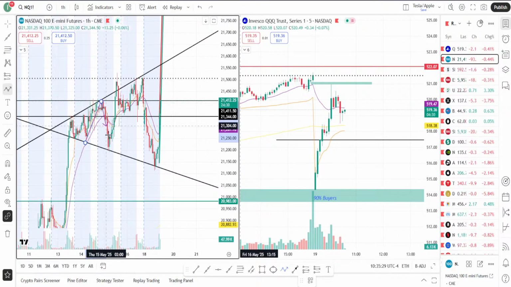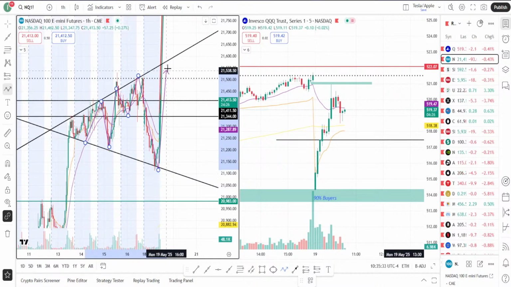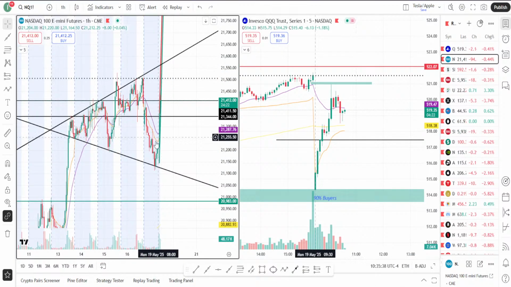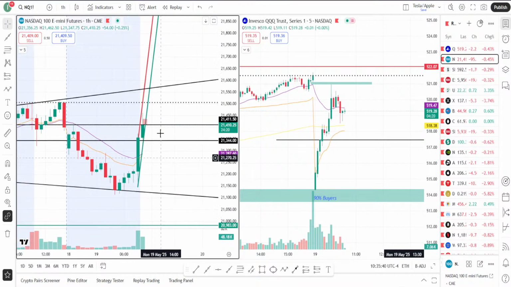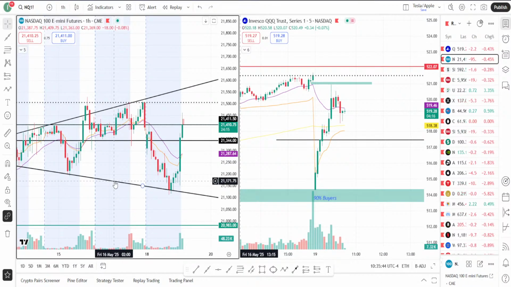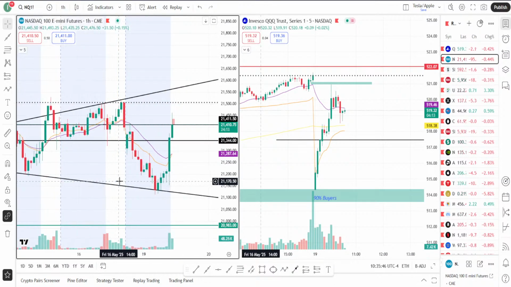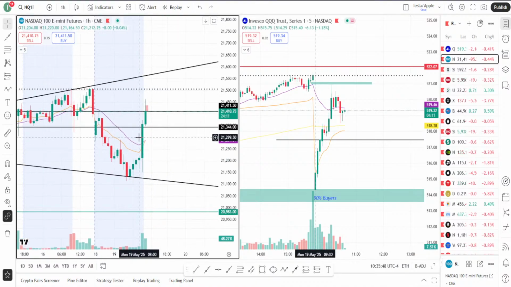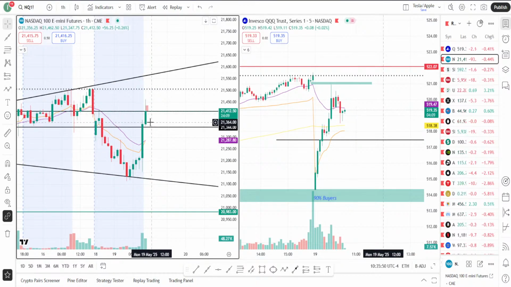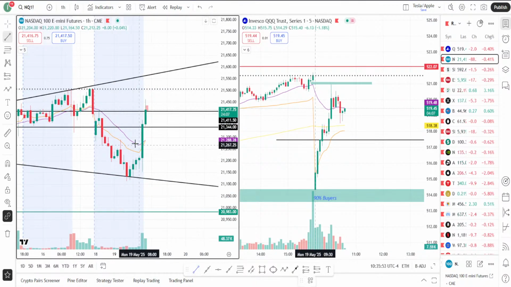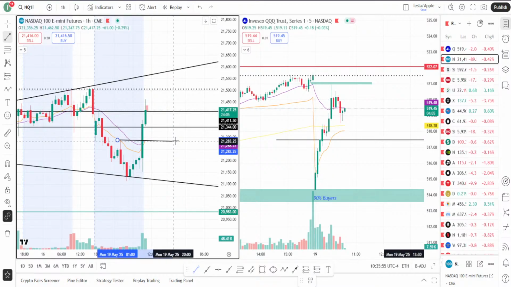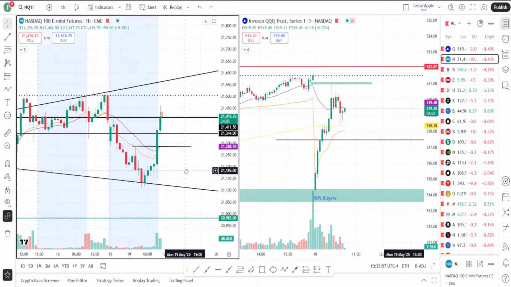We're going back and forth between the range high and low, right? So let's take away this channel here. So we could perhaps pull back here, continue to pull back, maybe find support here at this previous level of resistance.